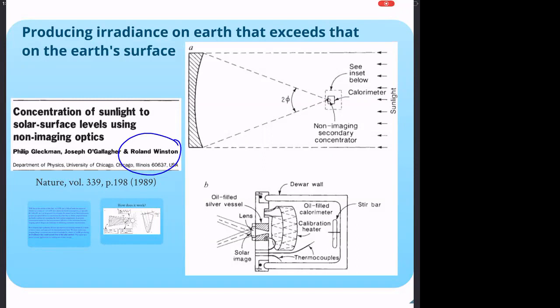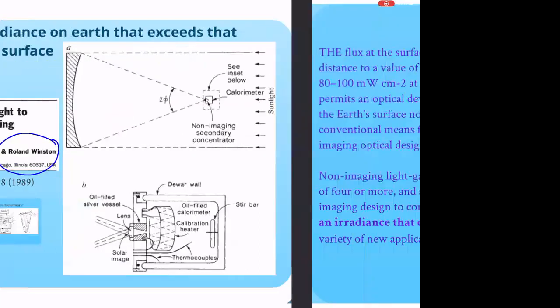Essentially, he was able to design and build a system which showed a radiance on Earth that exceeds that on the sun's surface. So it's a very interesting paper, and let's see how they do it.